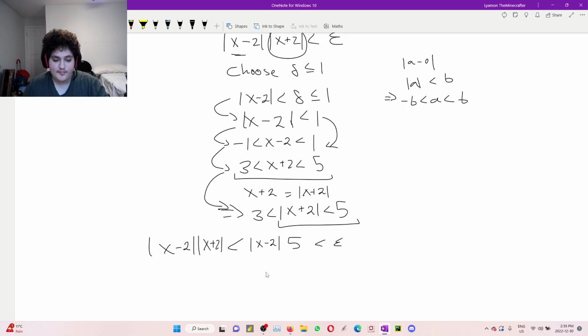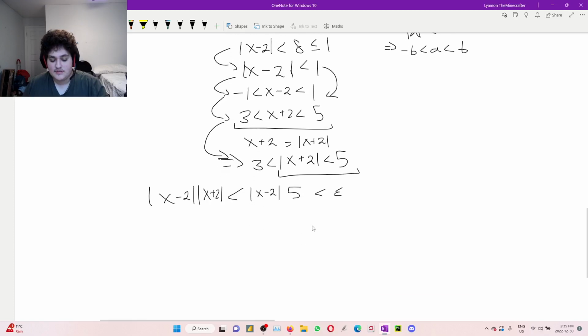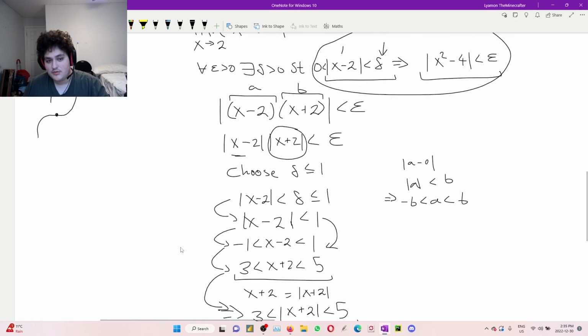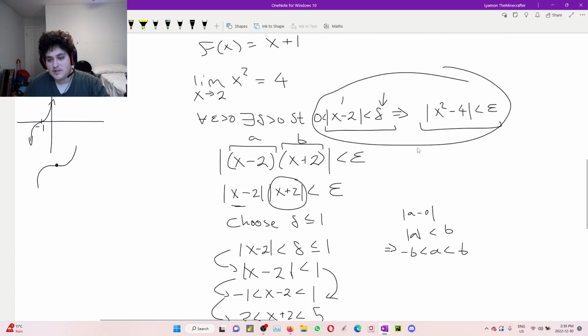So this would kind of make sense, that if epsilon is bigger than this, it would also be bigger than this, which is what we're trying to make sure is true here.